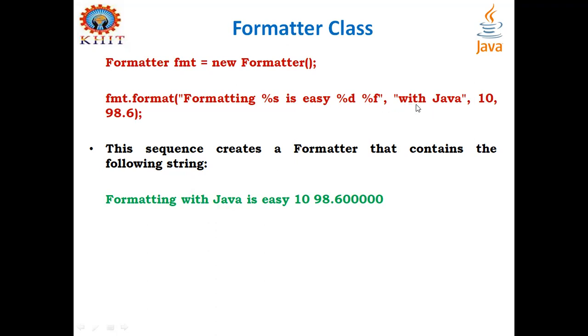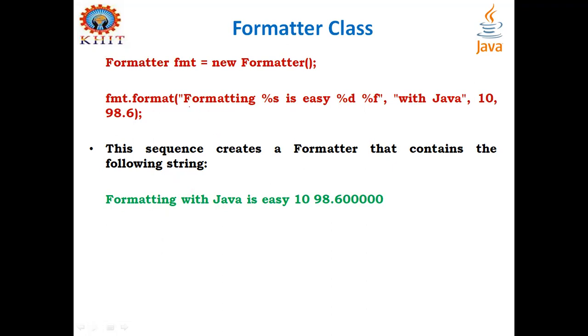Then another comma, another string value, comma, an integer value, and a floating point value. This sequence creates a Formatter that contains the following string. So it contains the statement like 'Formatting with Java is easy.' I will show you here.